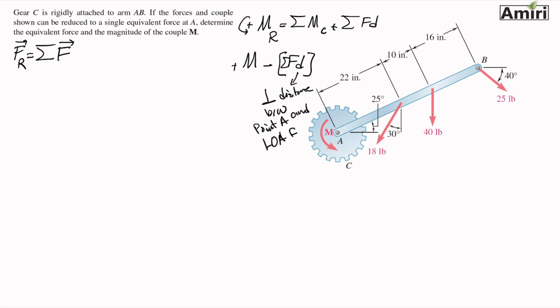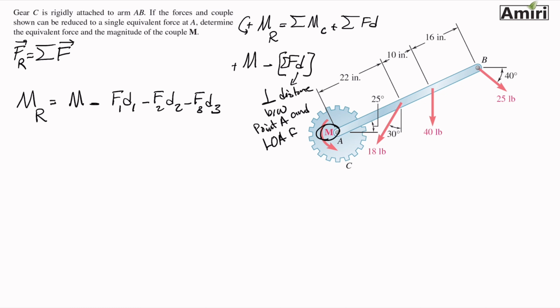So we have M, that existing M, minus F1 D1 minus F2 D2 minus F3 D3.